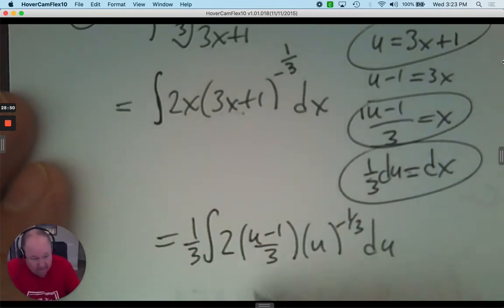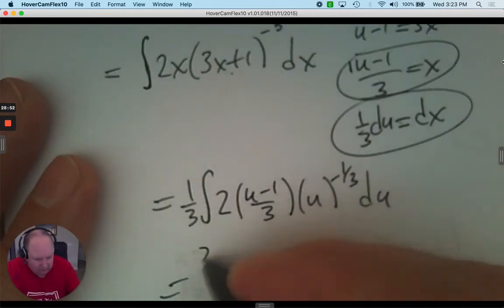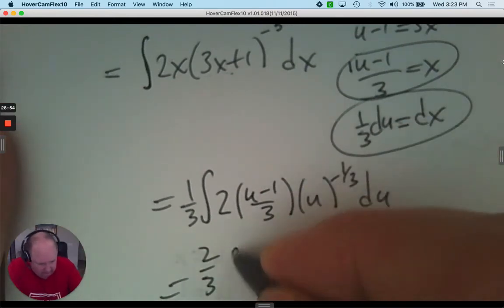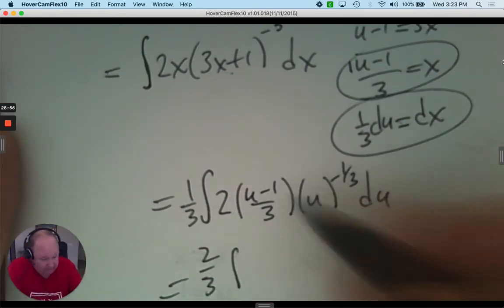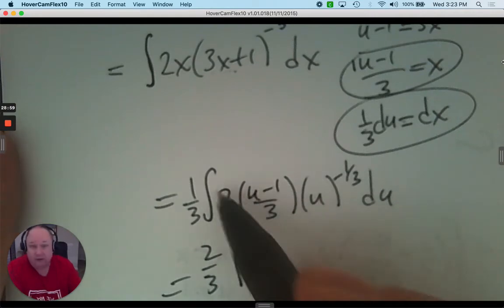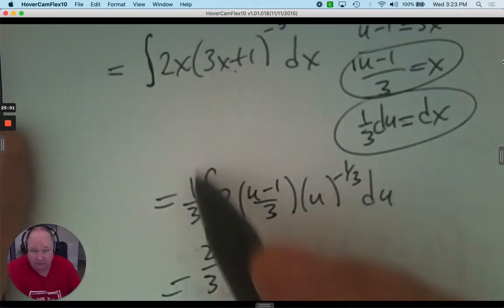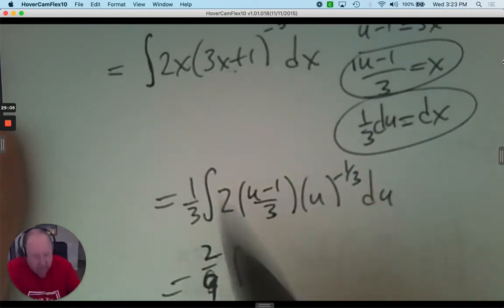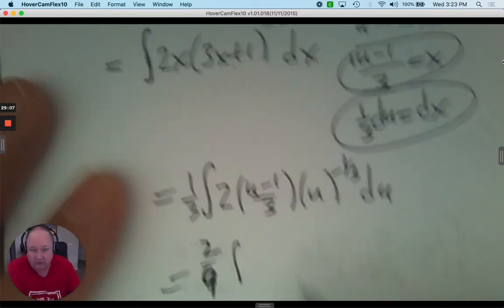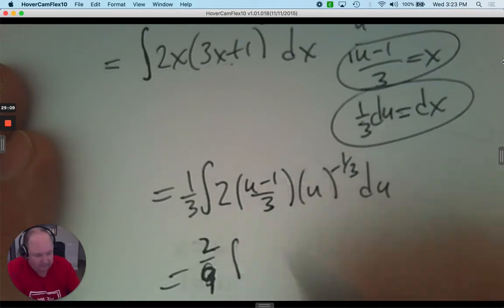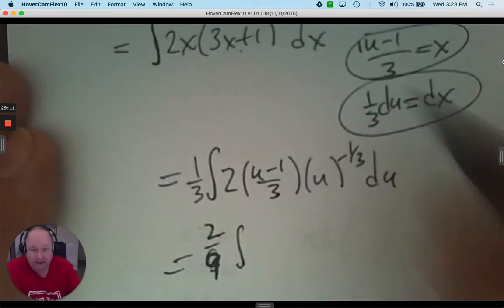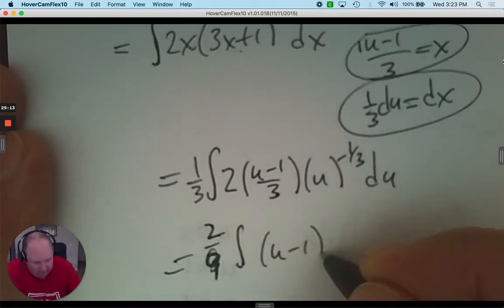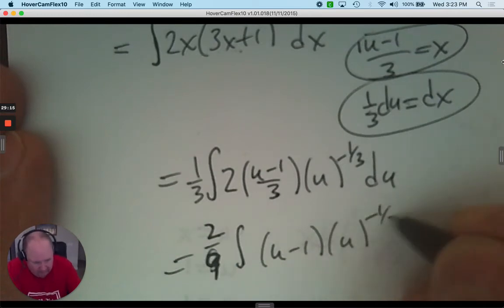In fact, I'm going to take the 2 and make it 2/3 in front just to make it easier. Oh, and the 3. Why not? So it's actually 2/3. Let's put it all in front. That's 2 over 9. Then I don't got to worry about these fractions. So 1 times 2, 3 times 3. Let's get all of those in front. So it's 2 over 9, u subtract 1, u to the negative 1/3 du.